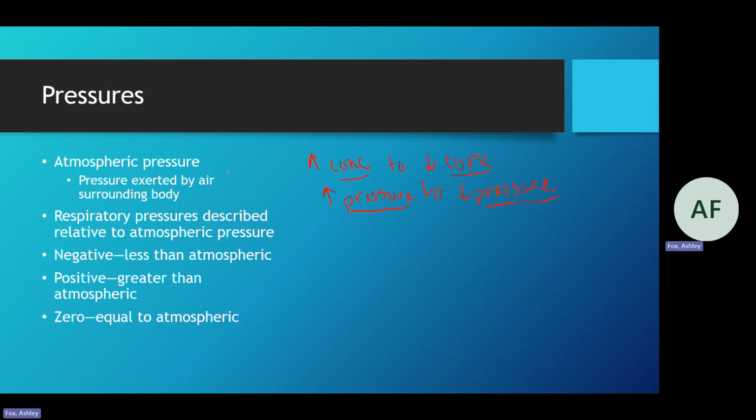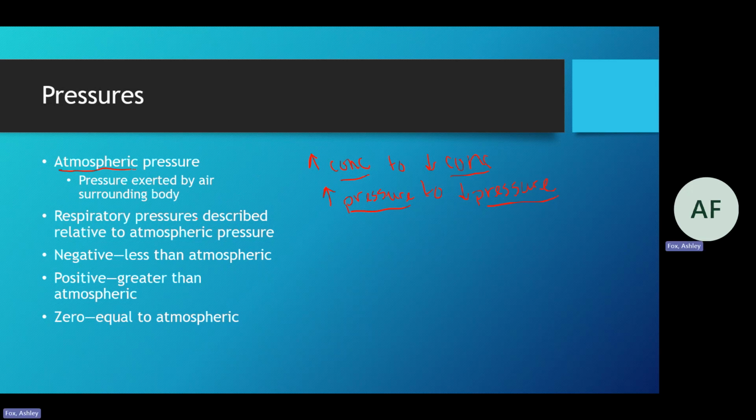So we talk in reference to atmospheric pressure. So that's everything on the outside of your body. So the pressure of air on your body is called atmospheric pressure. And you hear it when you talk about the weather. So, like low pressure systems and high pressure systems, it's changes in the atmospheric pressure. So, it's everything kind of outside your body.